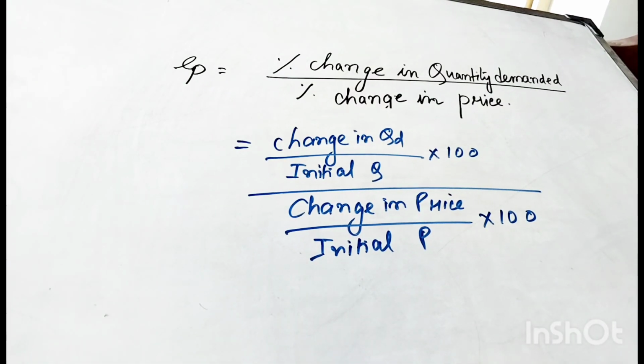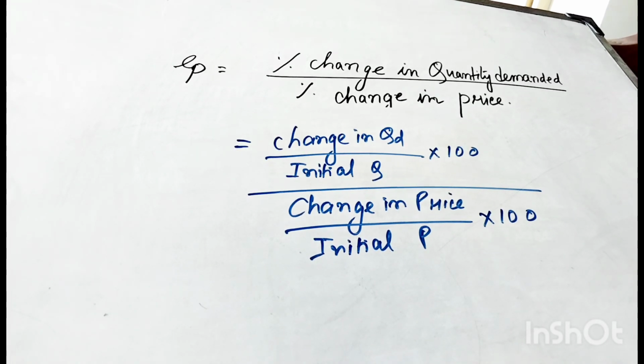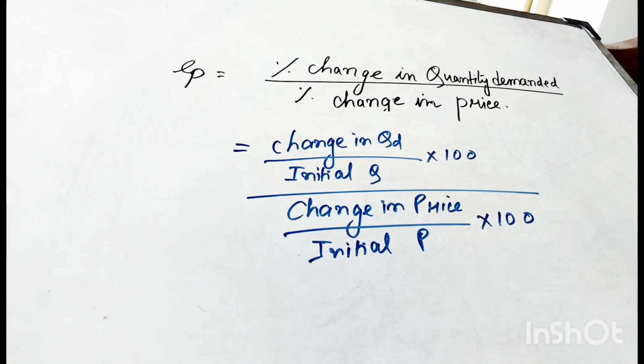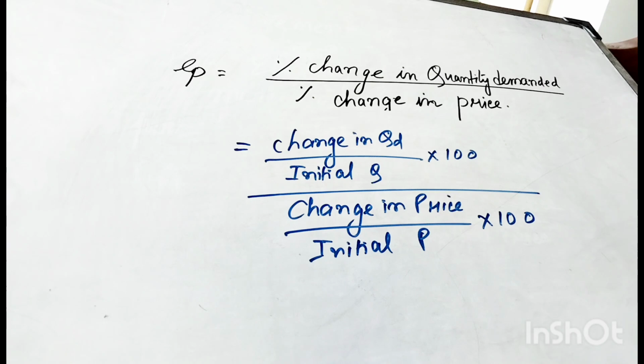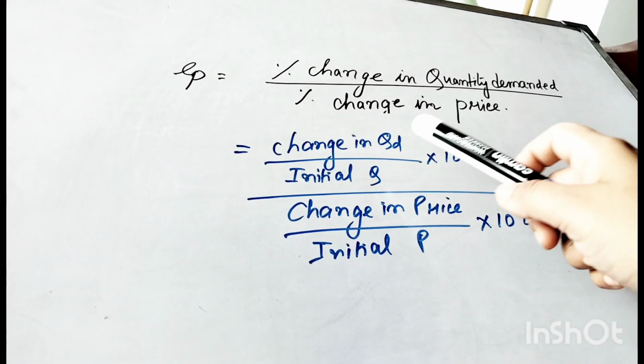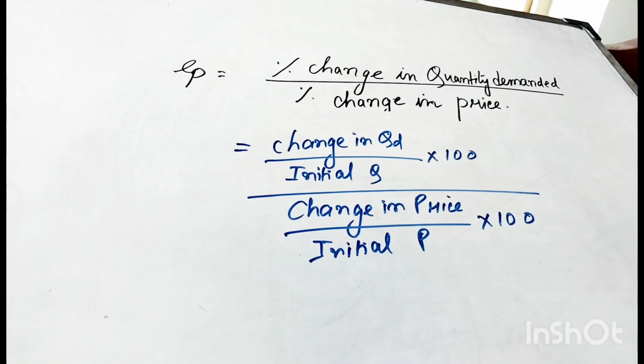Okay, see, now this price elasticity of demand, how can we write it in the percentage method? We can write percentage change in the quantity demanded by percentage change in the price. Now the percentage change in quantity demanded, how can we write? Change in the quantity demanded by initial quantity into 100.